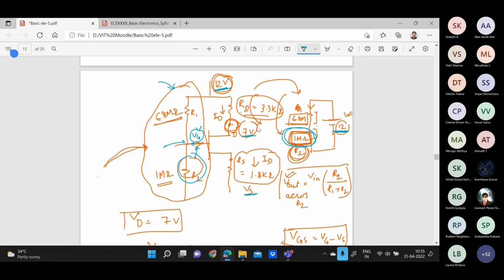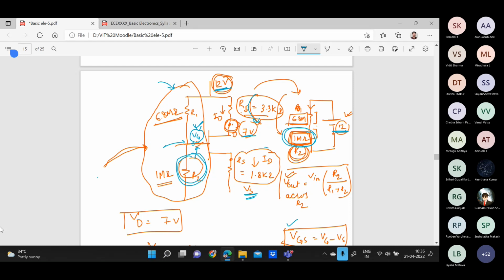The voltage drop across R2 will be your VG. So you have to apply the voltage divider rule here, and for finding the value of VD and VS, you can apply the loop. As we have calculated one loop, you can apply the second loop here and find the value of VS and VD. After that, if you know the value of VG, you can find out VGS, VDS and all.